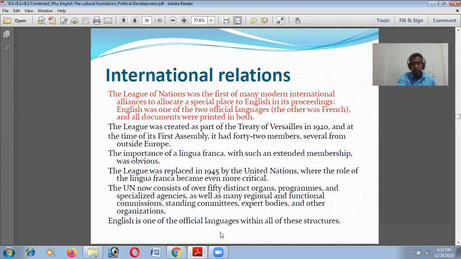English is one of the official languages within all of these structures. We know that under United Nations, there are several organizations, organs, several bodies. Everywhere, we see English is a common language.